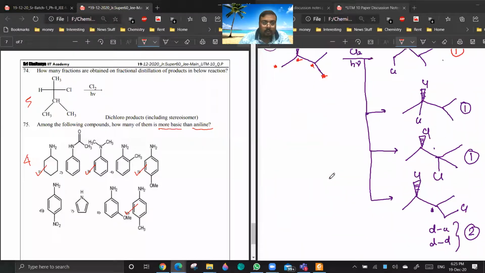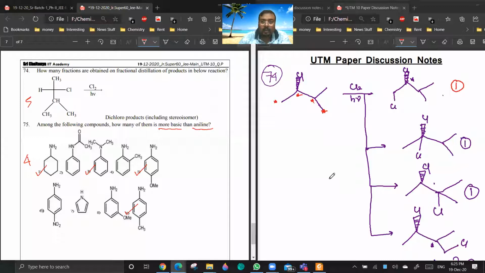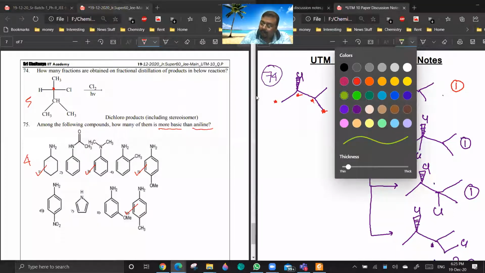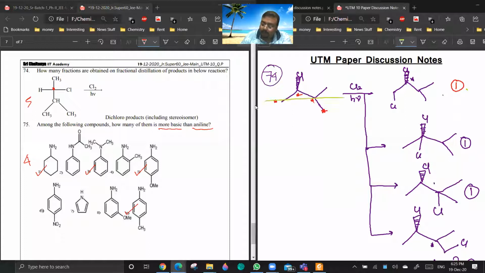See, in 74, the stereochemistry of this carbon is already given to be fixed. So if you draw the wedge and dash representation, the chlorine should be down the plane, because if you draw a Fischer projection, it will be looking like this only.